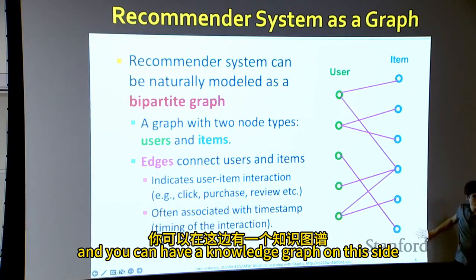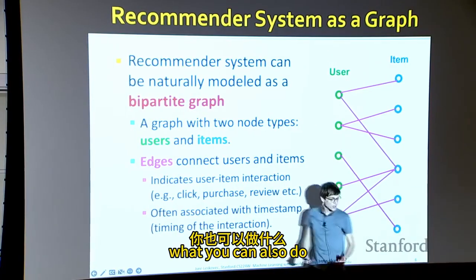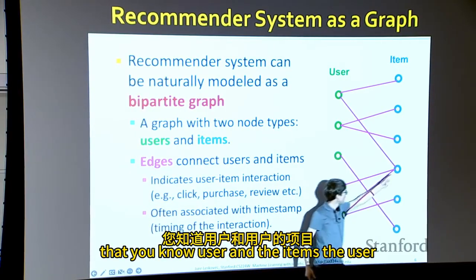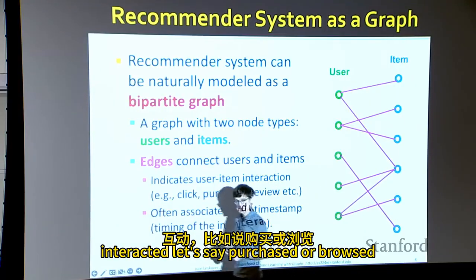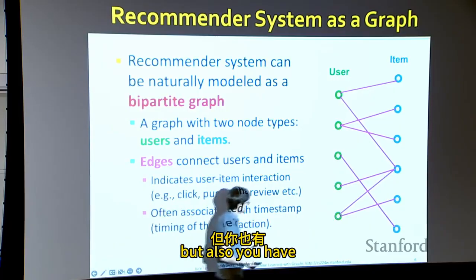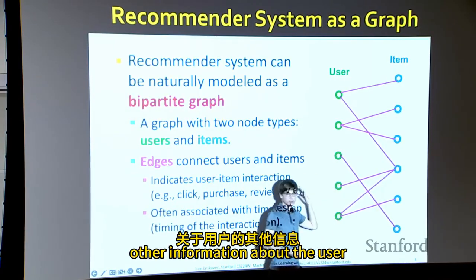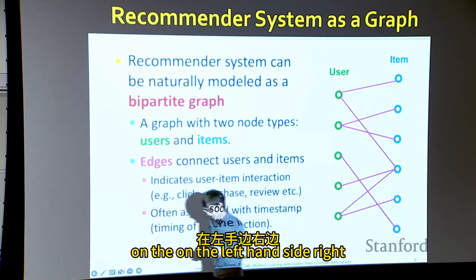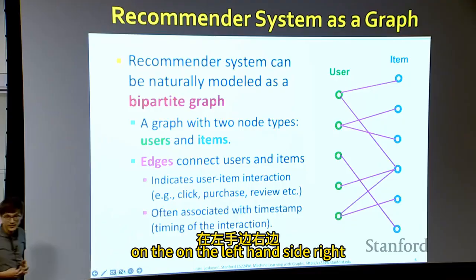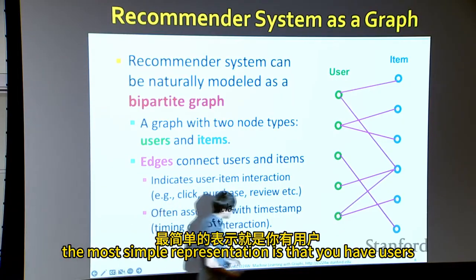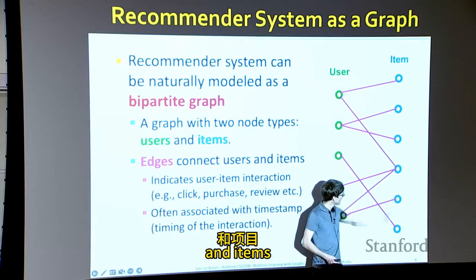And you can also have a graph on the user side. It's not only that you know the items the user interacted with, let's say purchased or browsed, but you also have other information about the user, other behavior on the site, that you can enrich with the graph on the left-hand side. But the most simple representation is that you have users and items.